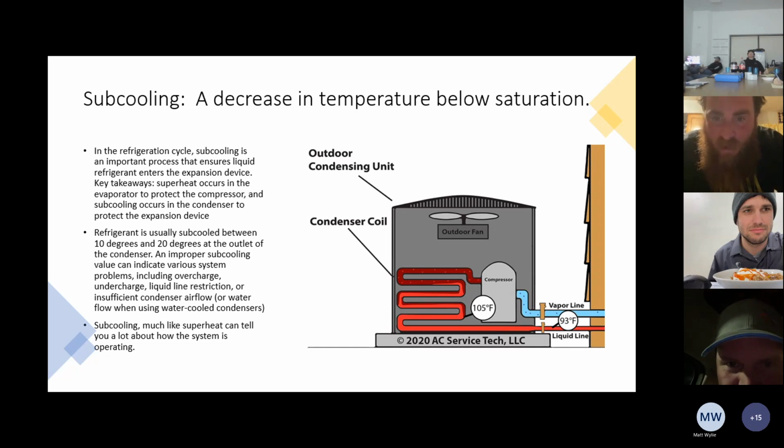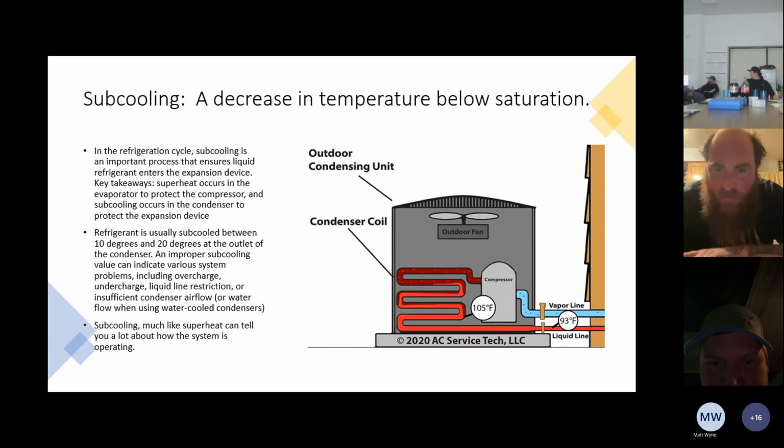I've seen headmasters fail in the summertime where they're stuck in bypass and the head pressure's through the roof. And then I've seen headmasters in wintertime where they're not bypassing and they're stuck feeding into the condenser coil. Is there a way to test those to see if they're actually working before they fail?